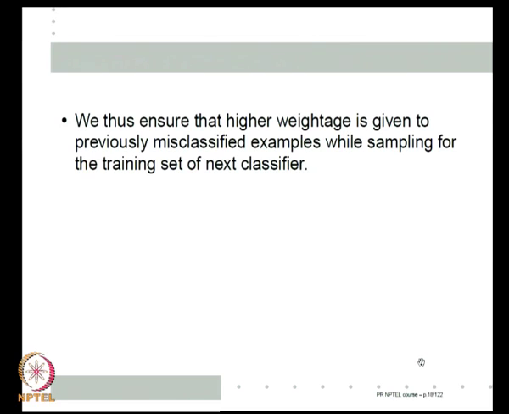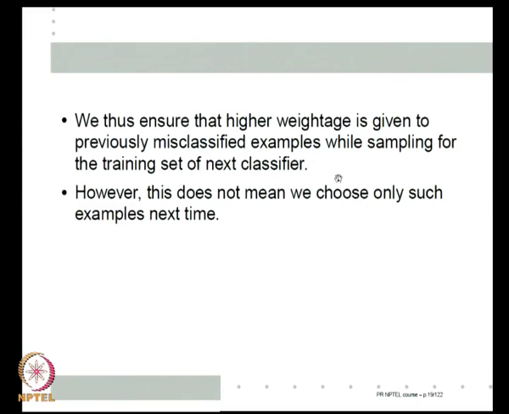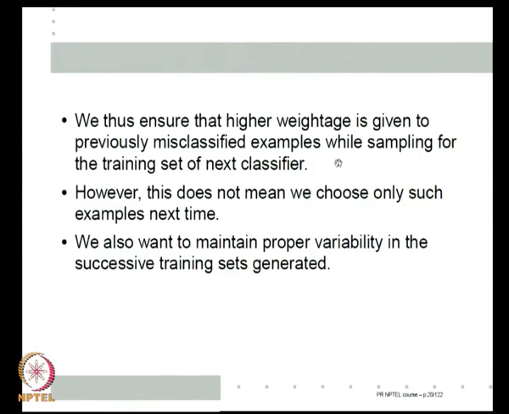So, we ensure higher weight is given to previously misclassified examples, essentially that is the whole idea of generating successive training sets. Okay. However, we do not want only misclassified examples, we already looked at it when we considered general boosting, that does not give me enough variation in the training set, right. So, it is not that we can just arbitrarily increase the weightage, or sample only from the misclassified examples for the next iteration.